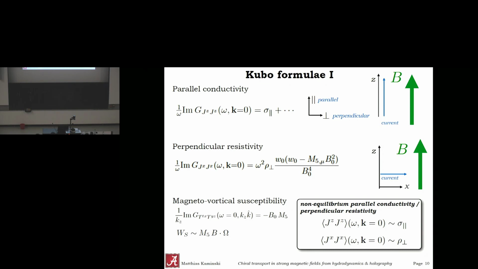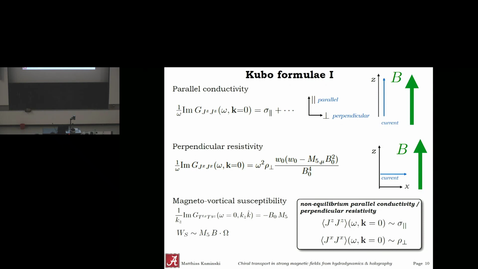So let's look at this Kubo formula in slightly more detail. On the introductory slide, or on the teaser slide, I had this correlator that was along the magnetic field, and it is associated with, just as we would think, the conductivity along the magnetic field.